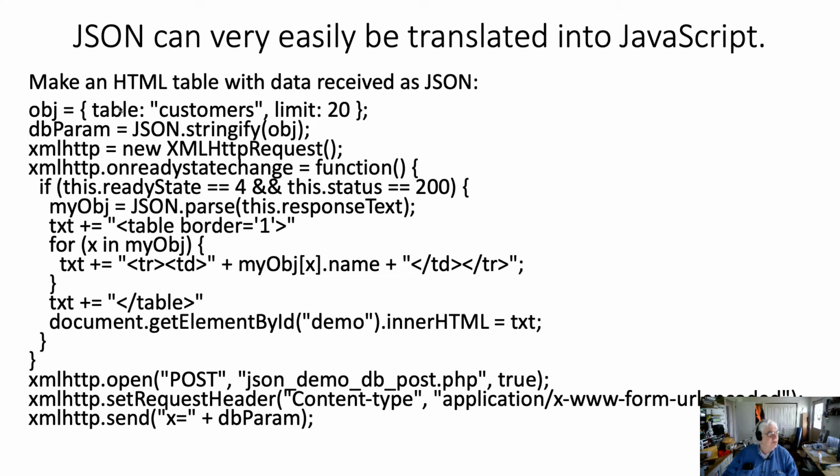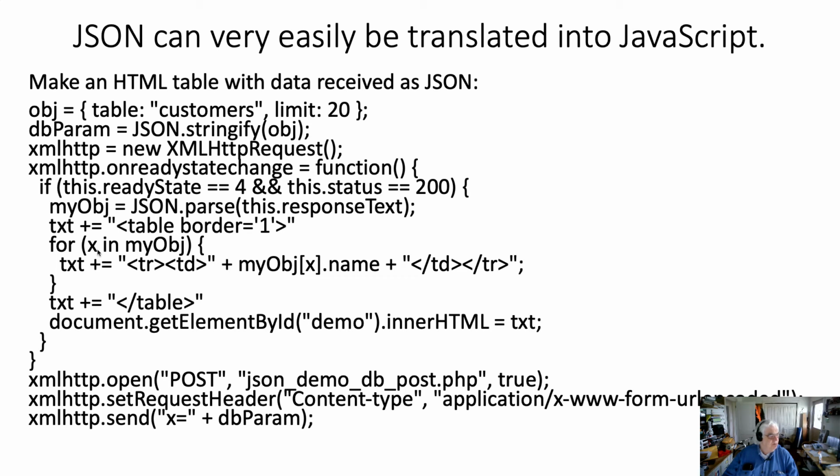So we've got this object, and we're going to stringify it. We're going to have a new request, and we're going to check for 4 and 200 like we're used to. And we're going to JSON.parse the response we get back. We're going to have the text equal to a table border.